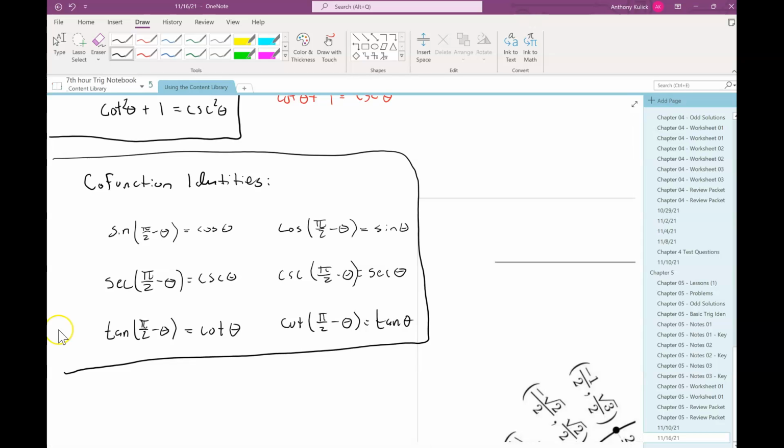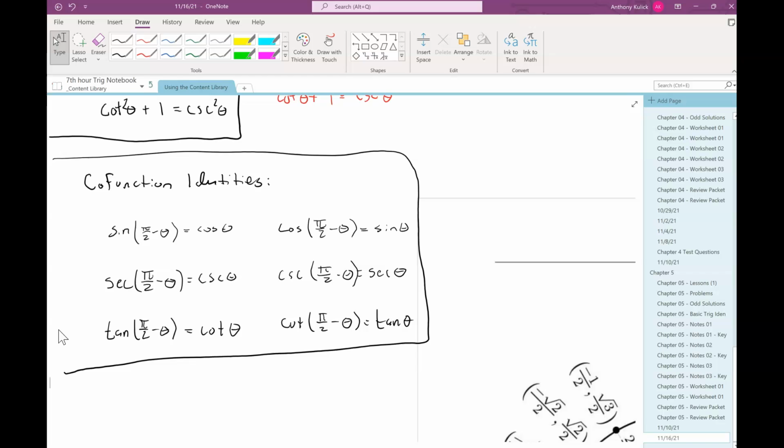And here's a fun fact. You notice that the names for these trig functions, sine, cosine, tangent, cotangent, cosecant, secant, 3 of them start with the prefix co, right? The prefix co is short for complementary.